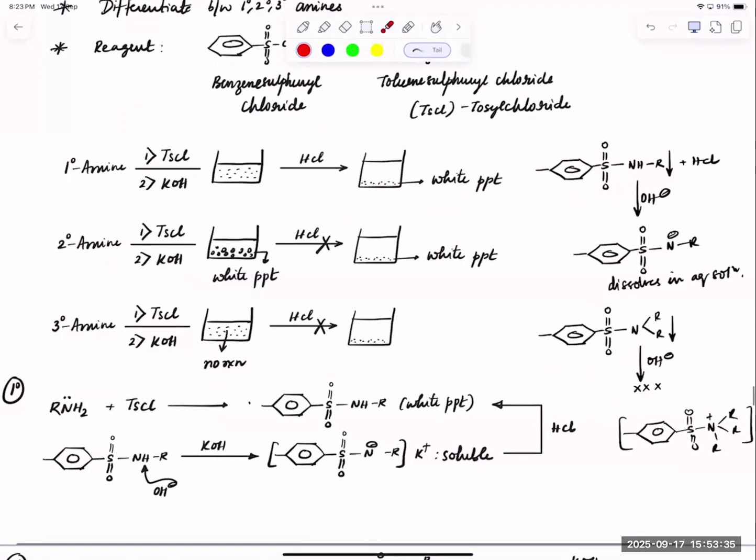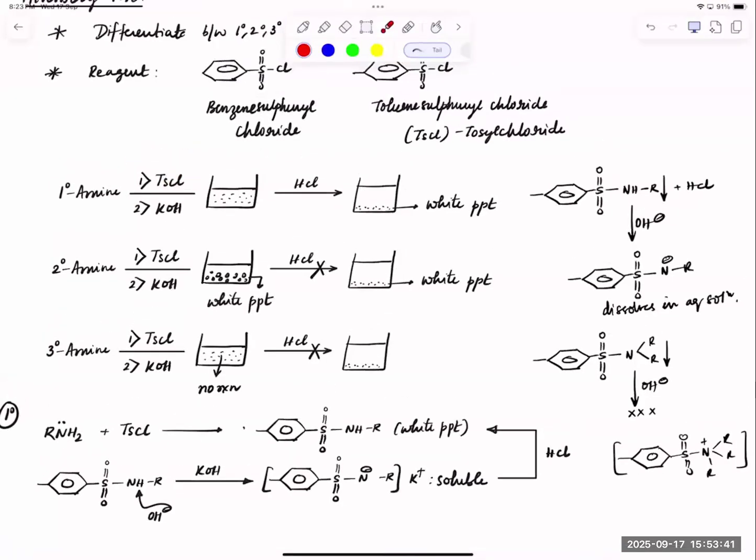See, if I take 1 degree amine, react with TsCl, from 1 degree amine, this is what you will get. So RNH2, so this H from here and Cl from here, that is from tosyl chloride, these two will come out as HCl and nitrogen will get added onto sulfur. And this is a compound formed, right?